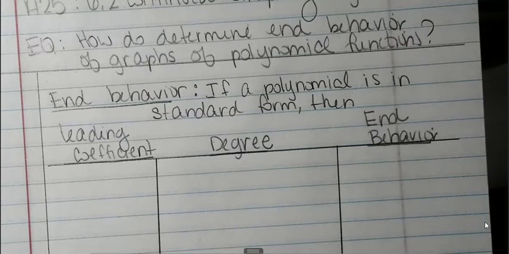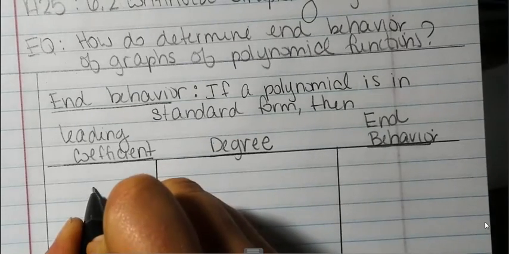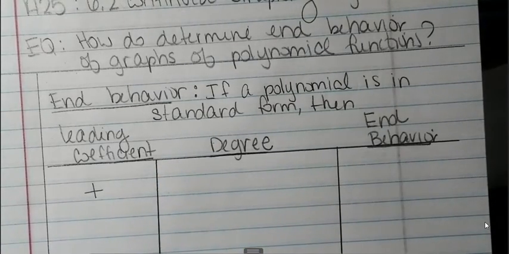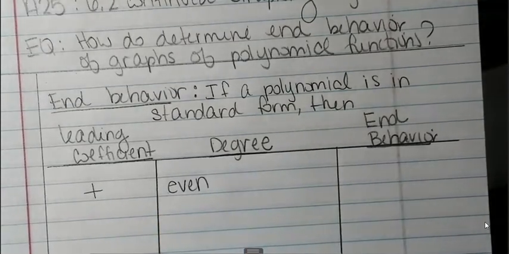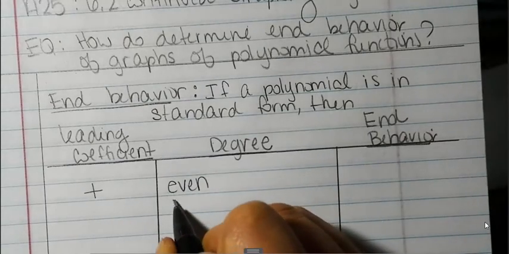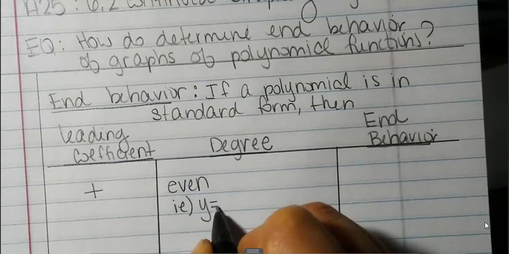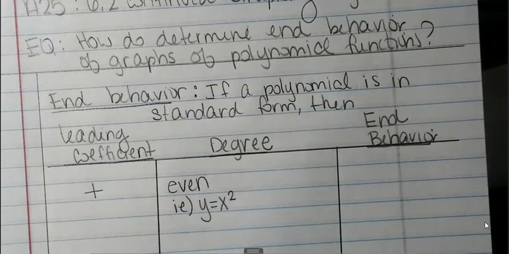All right, so leading coefficient. So we're going to talk about whether that leading coefficient, which we usually use an a for, right? It's in front of, for example, the x squared or the x cubed or the x to the fourth, okay? But if that leading coefficient or that a is positive, and the degree then is even, as an example of that, I'll put an i.e. y equals x squared.